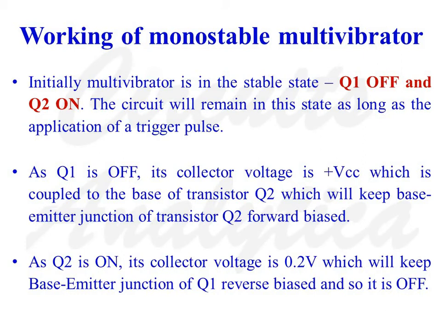As Q2 is on, its collector voltage is 0.2 volt, which is not sufficient to make the base emitter junction of transistor Q1 forward biased. In fact, base emitter junction of transistor Q1 is reverse biased, and so transistor Q1 is in the off condition.